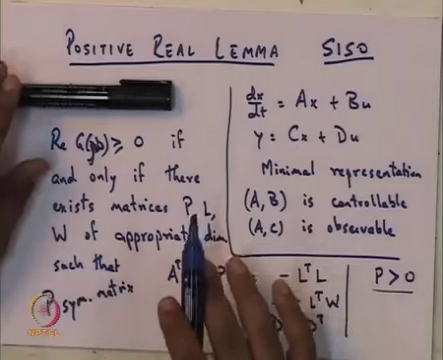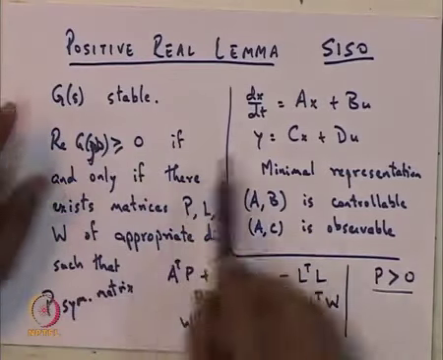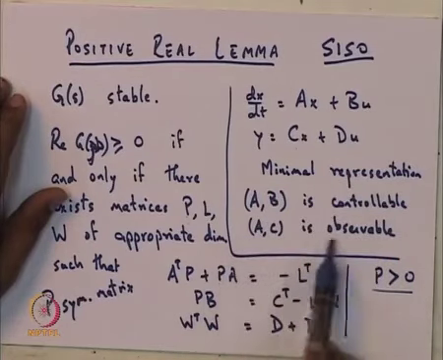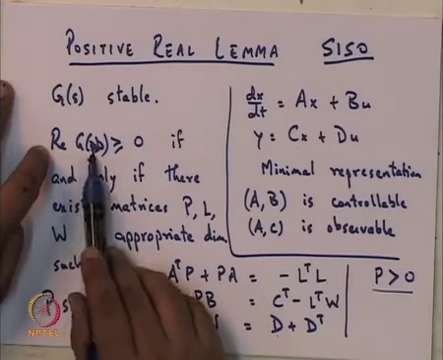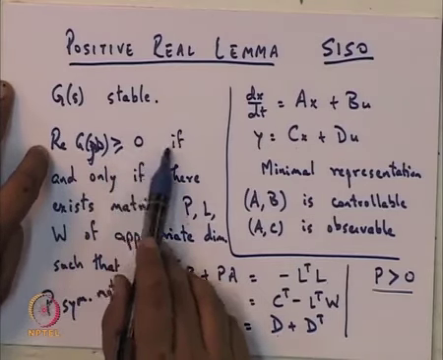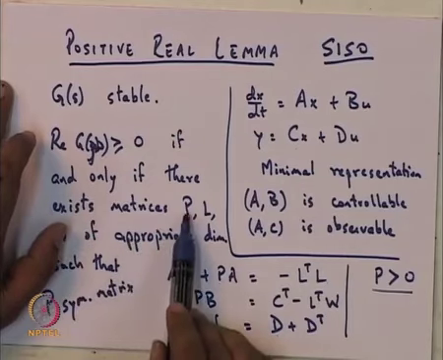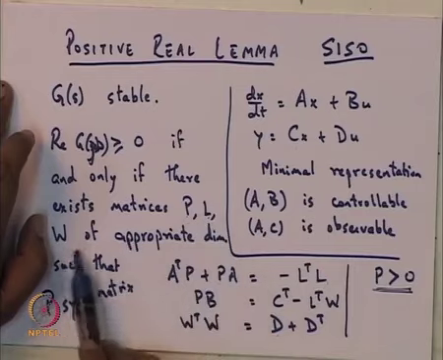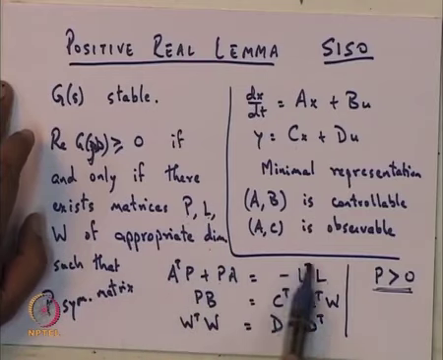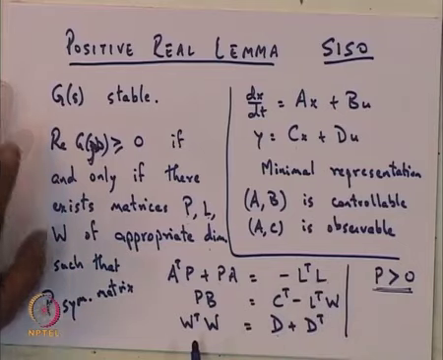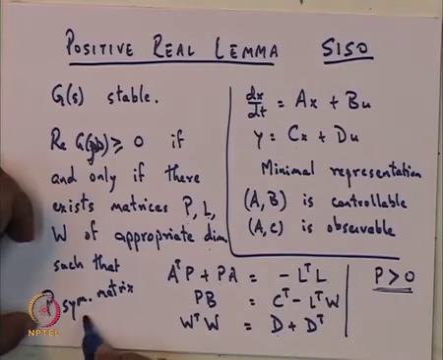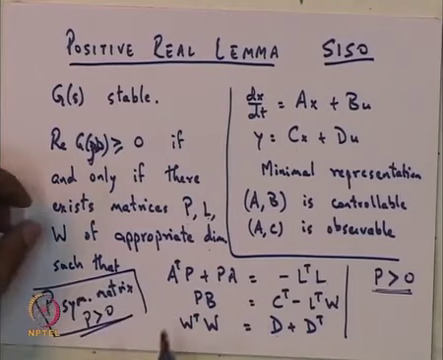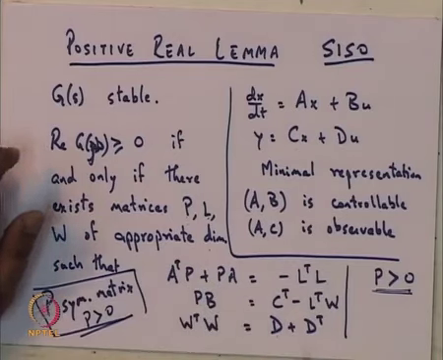So, the positive real lemma says that if you take a G S which is stable, and this is the state space representation, in a minimal representation, so A B is controllable, A C is observable, then the real part of G j omega is greater than or equal to 0 if and only if there exist matrices P, which is a symmetric matrix and positive definite, and two other matrices L and W of appropriate dimension, such that all this is true. So, P is a symmetric matrix and P is greater than 0. Then all these equations are satisfied.